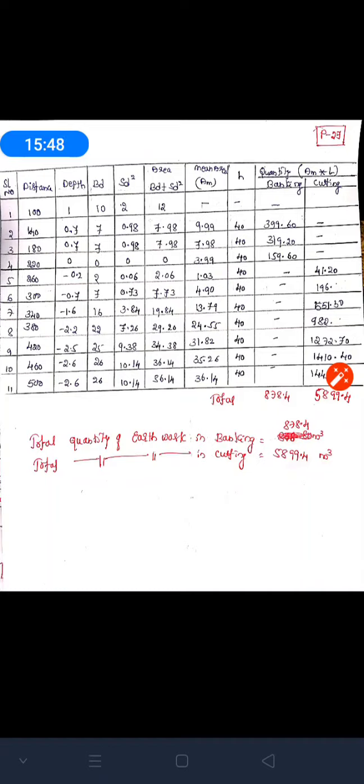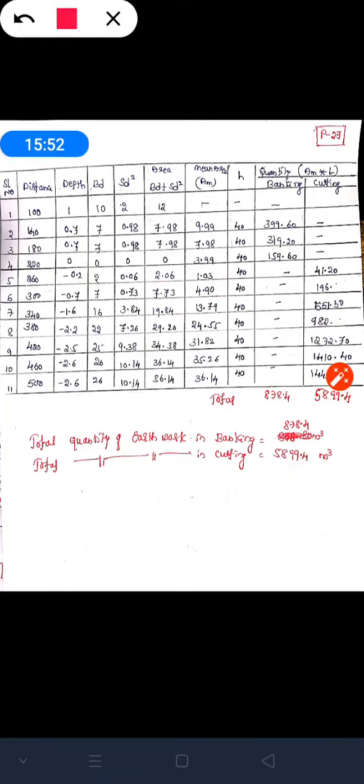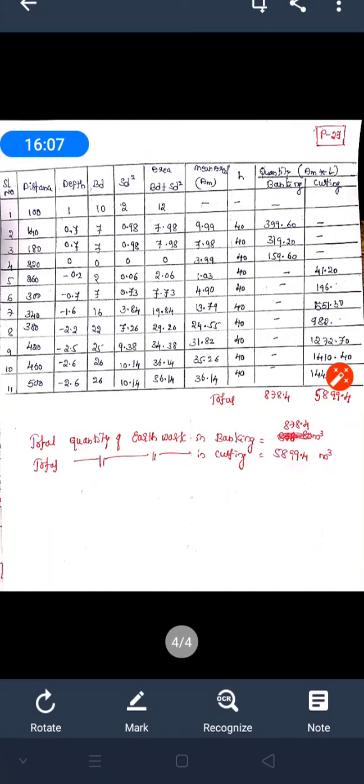Here you can see, when the value changes from positive to negative, just remember that it is passing from banking to cutting. The best example you can see here is 0; after that we got the negative values, that will be the cutting portion, and the remaining will be the banking portion.